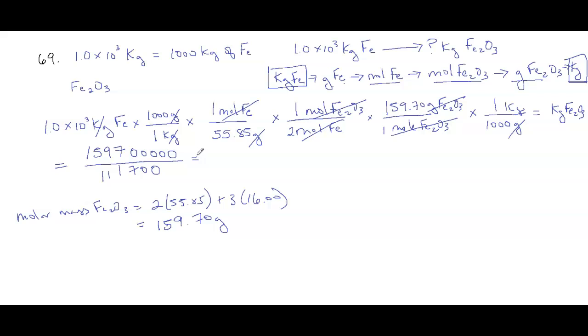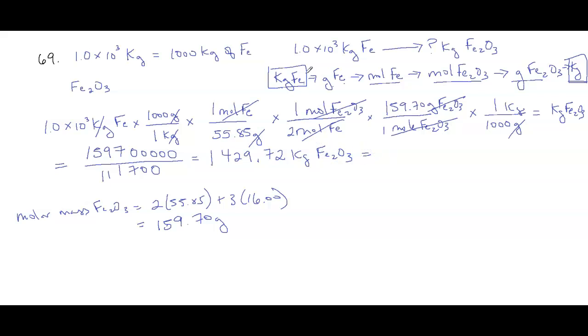And now I'm going to divide. So 1597, 1, 2, 3, 4, 5 zeros, divided by 111,700 is equal to 1,429.72 kilograms of my iron oxide.